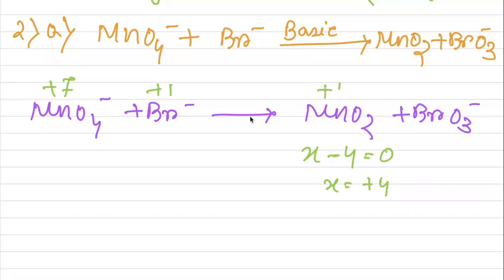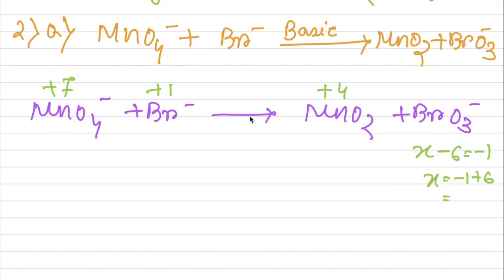So here Mn will be in +4 oxidation state. And BrO3 minus. In BrO3 minus, Br will be x. Oxygen is -6, -1. X equals to -1 plus 6 means +5. Here bromine will be in +5 oxidation state. Clear?